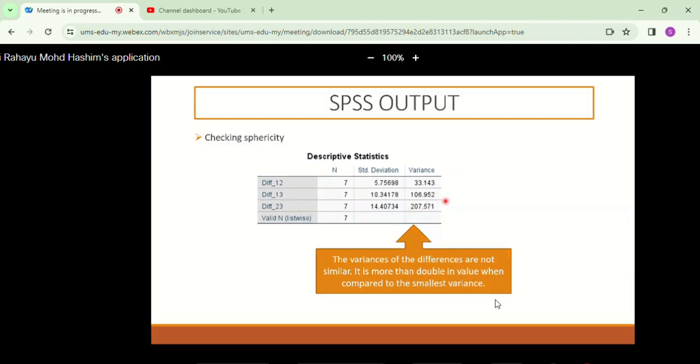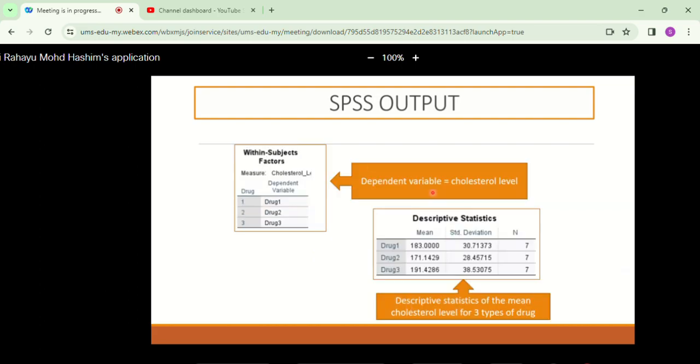So the difference between 1 and 3 is more than triple that of 1 and 2, whereas between drug 2 and 3 it is double that of the difference between drug 1 and drug 2. So they are not similar.